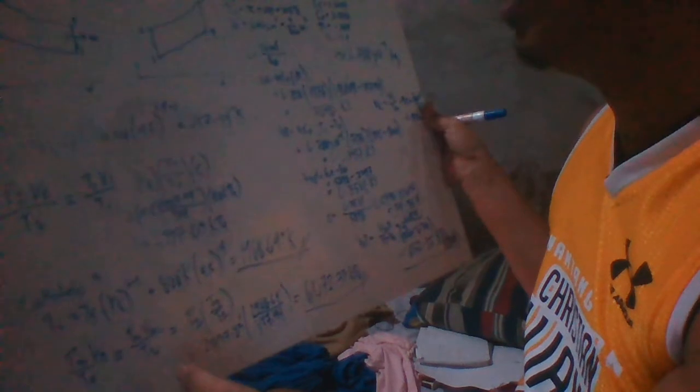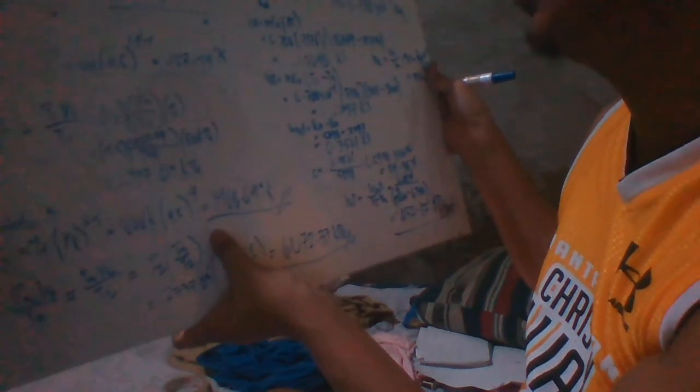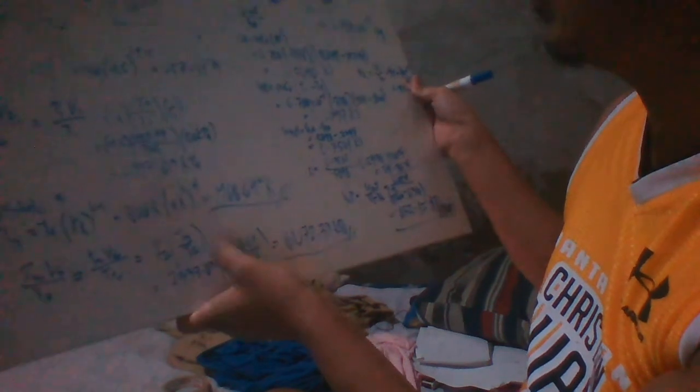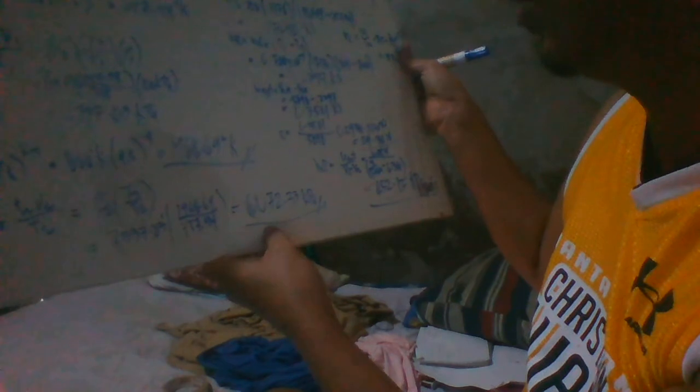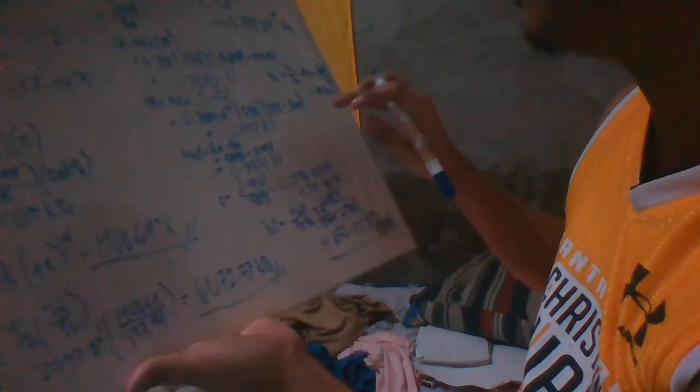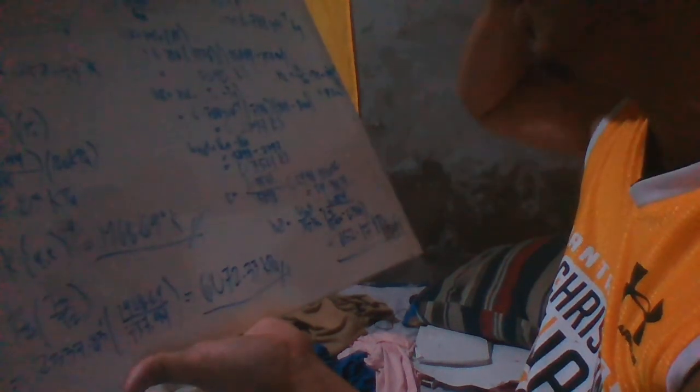As we summarize, our highest temperature is equal to 1968.69 Kelvin. Our highest pressure is equal to 6072.33 kilopascal. Our work is equal to 0.3501 kilojoule.